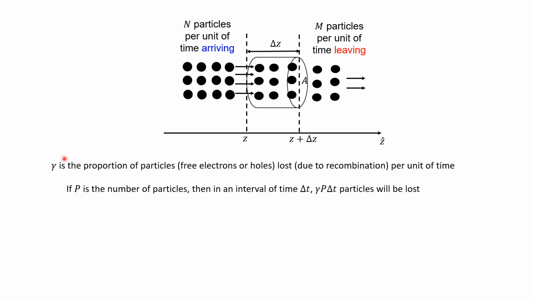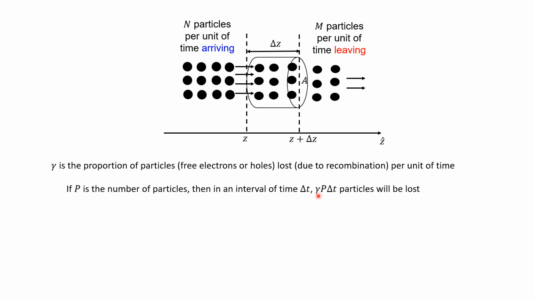To understand the physical meaning of gamma, suppose that P is the number of particles. To find out how many particles will be lost, we just multiply P by gamma, because gamma is the proportion of particles. So gamma times P is the number of particles that are lost out of these P particles per unit of time.